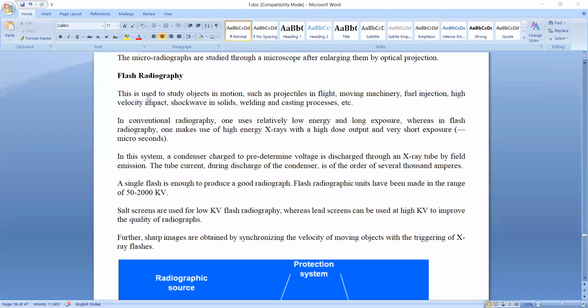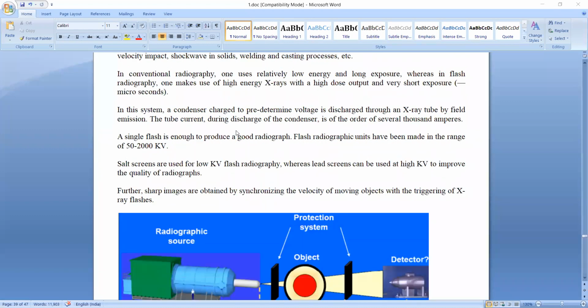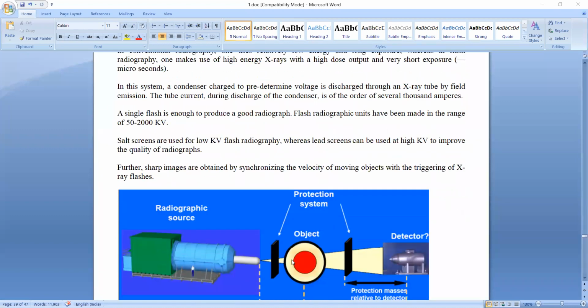Here flash radiography means we apply a flash type of radiation, high level radiation, with a shorter exposure period. In conventional radiography we use low energy radiation and longer exposures, but here we use high energy radiation for shorter exposure. A single flash is enough for good radiography. Suppose this is the object, and it is rotating.